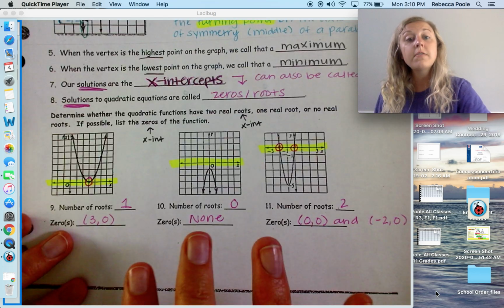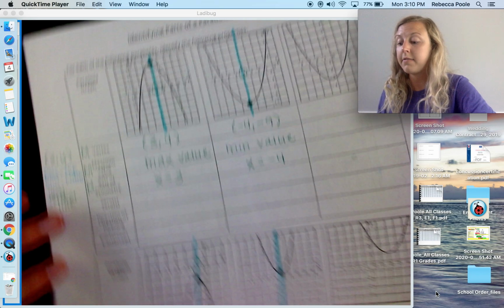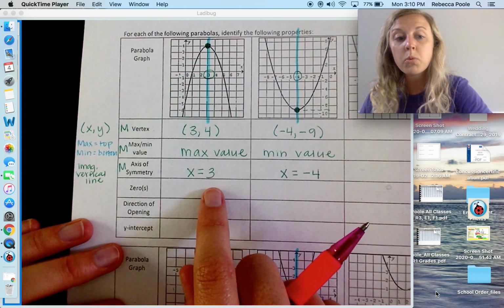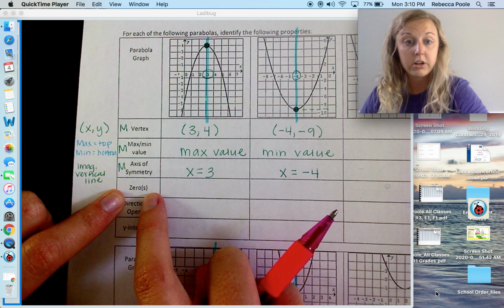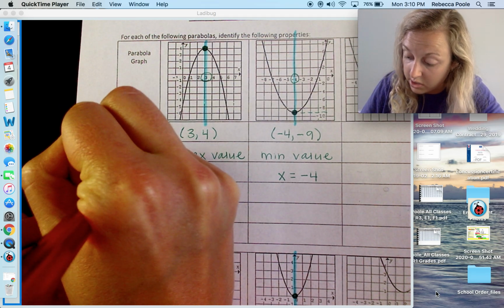All right, so that's how you find the x-intercepts. We're going to keep doing that on the back, but I also want to show you how to find the direction of opening, okay? So let's start with number 1. See where it says zeros? Okay, zeros just mean x-intercepts, right?